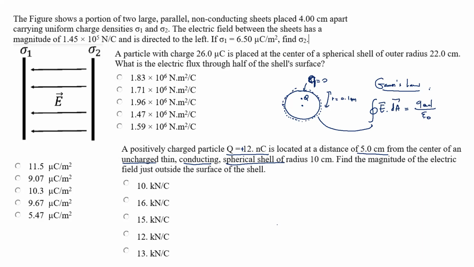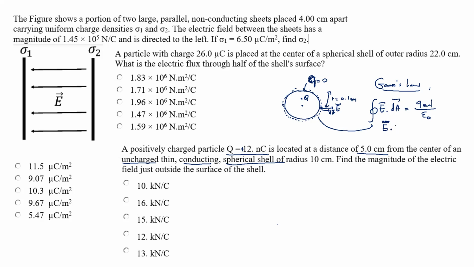Now, E here will be constant, so I can get it out of the integral. By the way, E is pointing in this direction because the Q inside is positive, and dA also is pointing along the same direction. So E dot dA will just give you EA, because cosine 0 is 1.